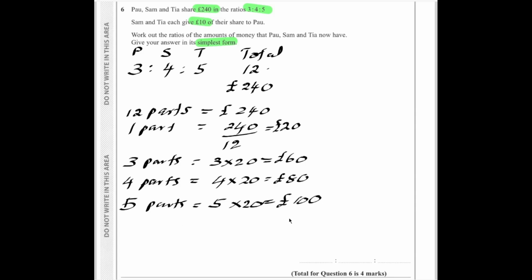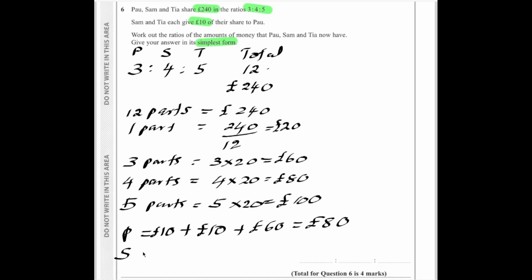After they share like this, now let's see their new amounts. So Paul gets 10 pounds from Tia and 10 from Sam, and he has already got 60. Therefore, his new share would be 80 pounds. What about Sam?